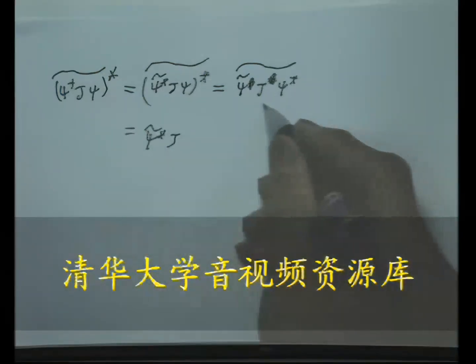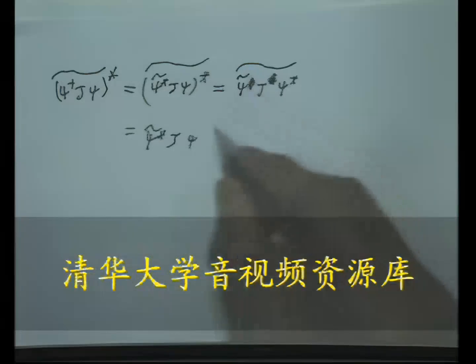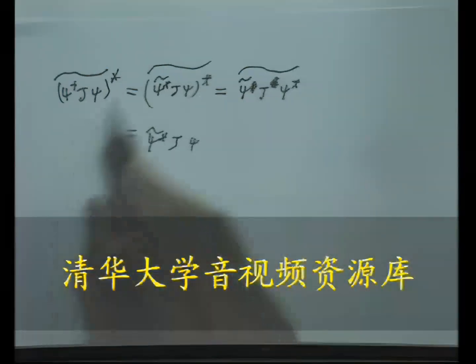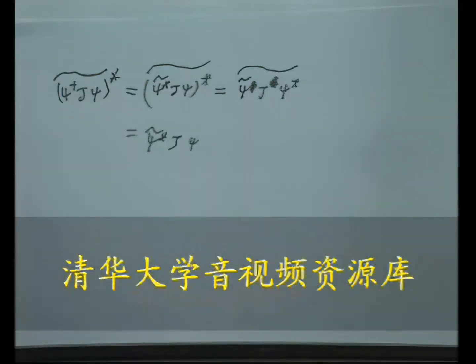Now J is symmetrical, so its tilde is equal to itself. And here I get psi tilde tilde, which is psi. So you see that this number, after complex conjugation, comes back to itself. But it's a 1 by 1 matrix, so that means it's complex conjugated itself, so therefore it's real.